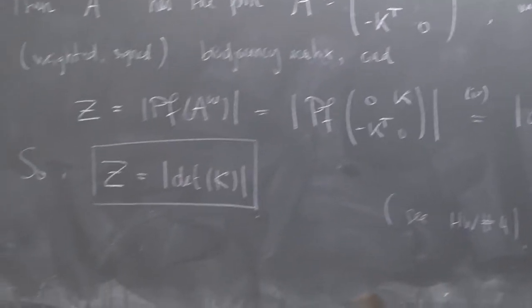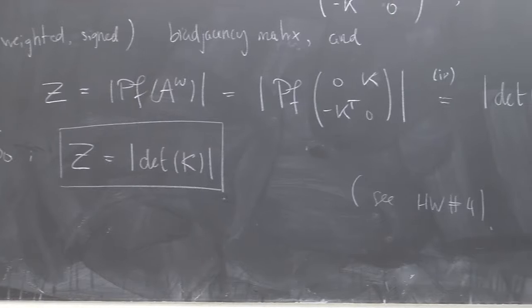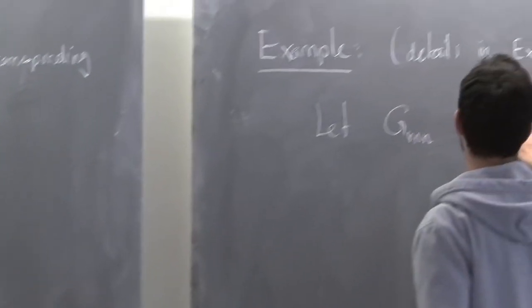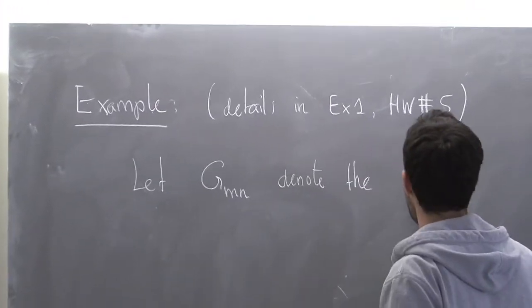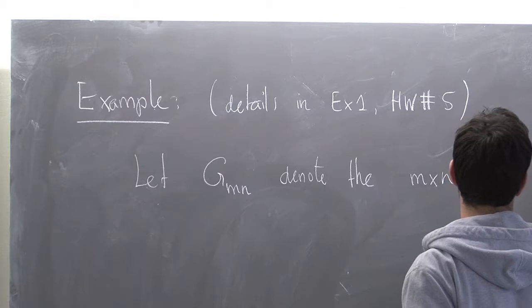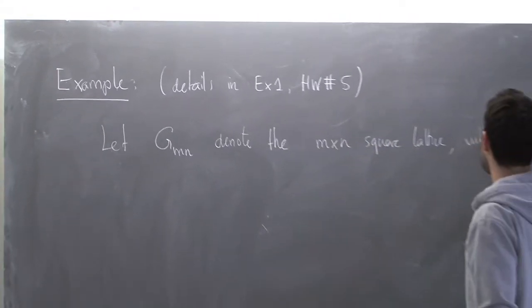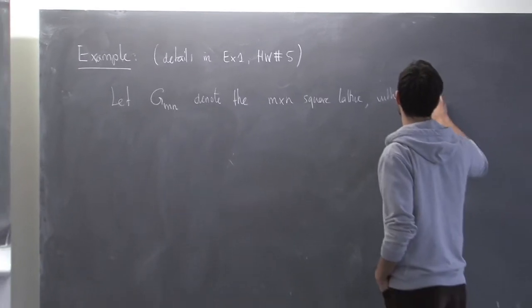It's a very famous example. So let G_{m,n} denote the m by n square lattice with weights.